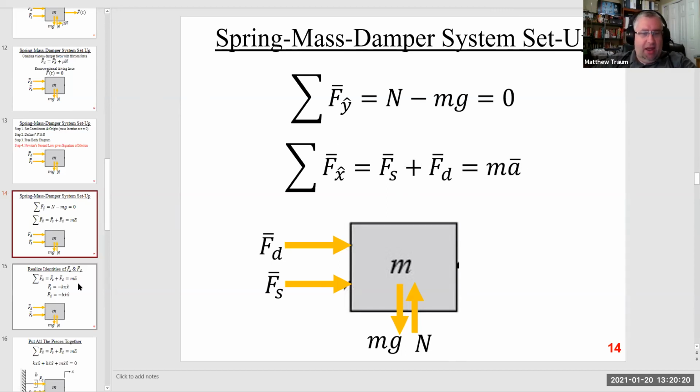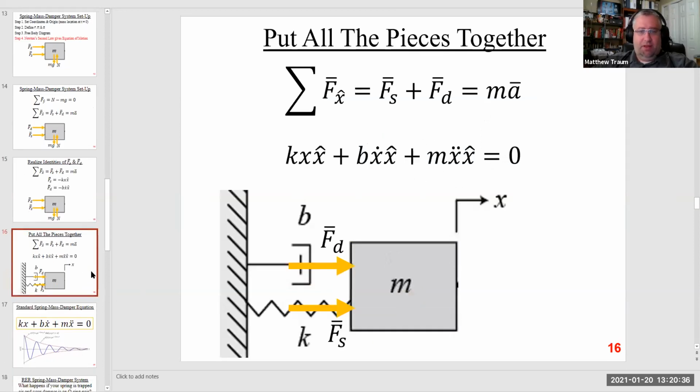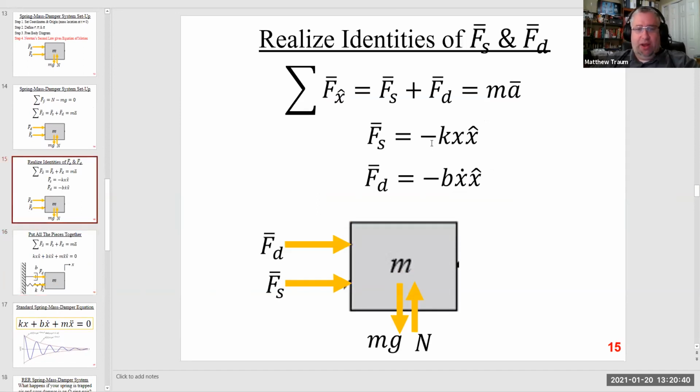Then if I take that Newton's second law equation and put in my known expressions for the spring and for the damper, I get the final version of this expression. But let me quickly explain why I've got these negative signs here.